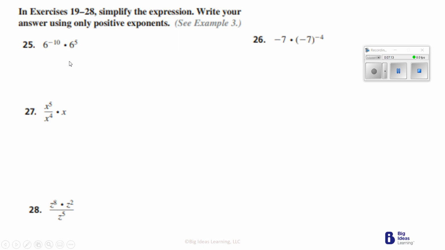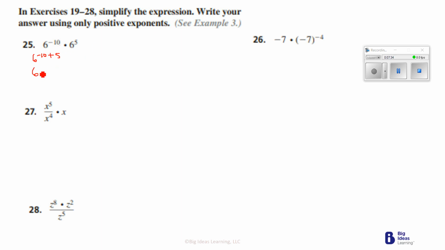Got 6 to the negative 10th power over 6 times 6 to the 5th power. Let's see, that's going to give me 6 to the negative 10 plus 5, because remember we're allowed to add our exponents as long as they have the same base.